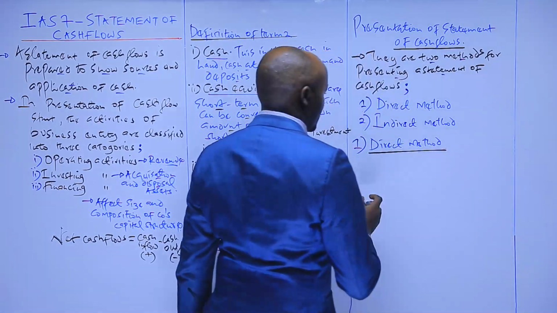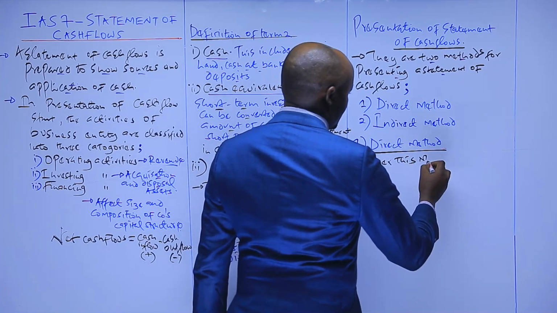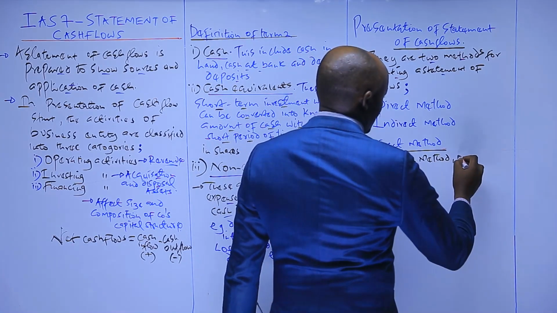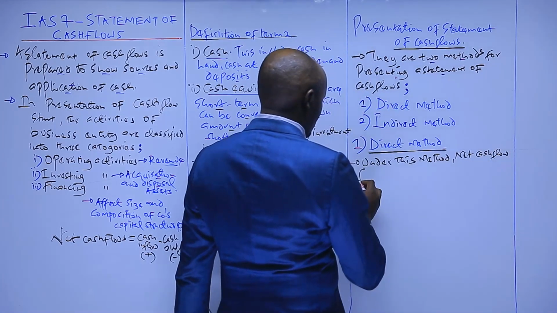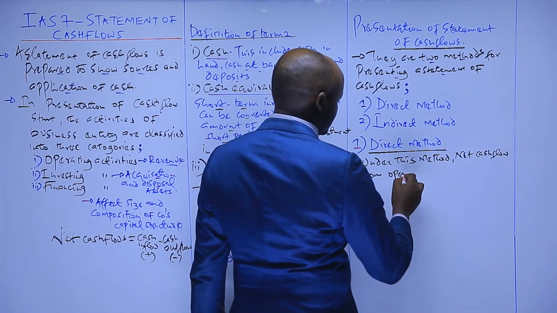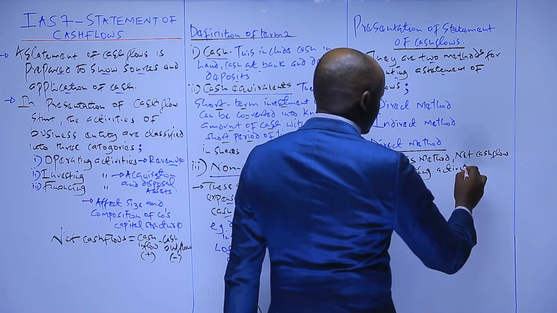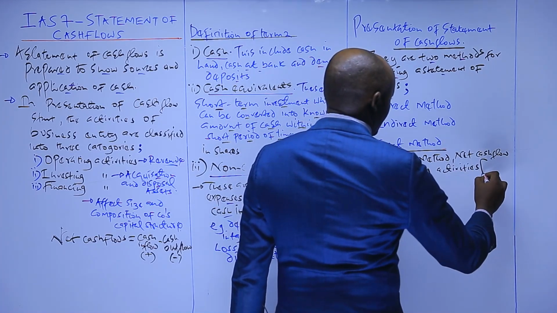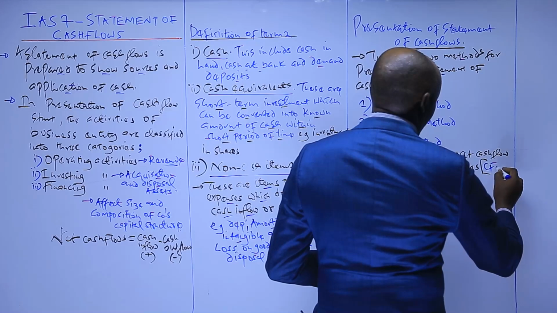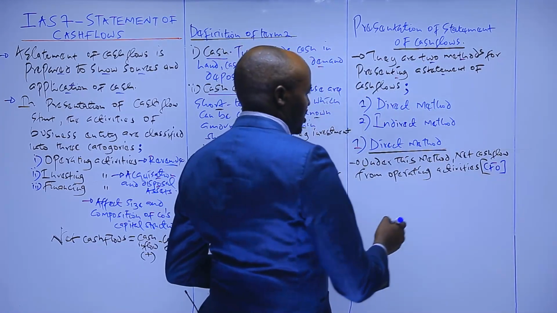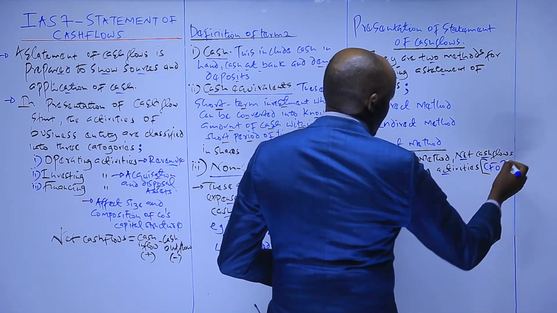So under the direct method, how do we determine the net cash flow from operating activities?